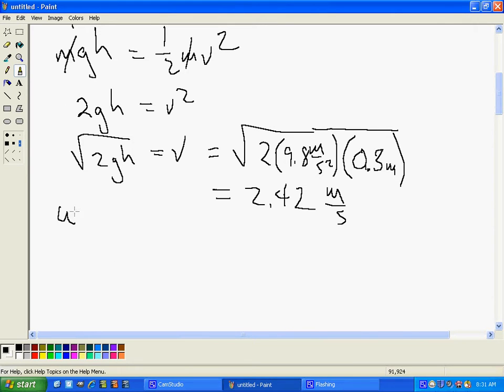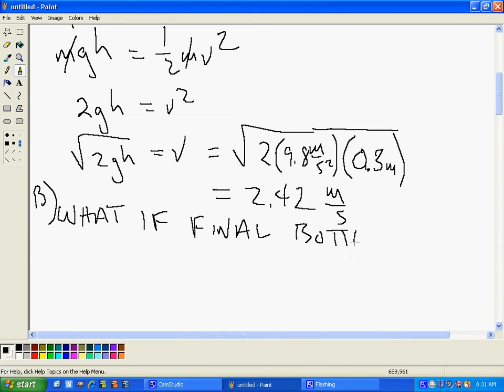So what if, this is part B, the final bottom velocity is only 1.5 meters per second.